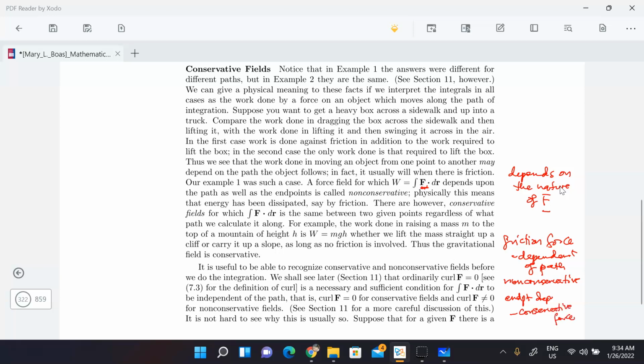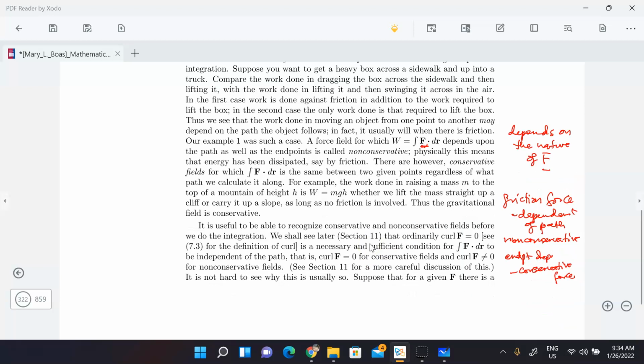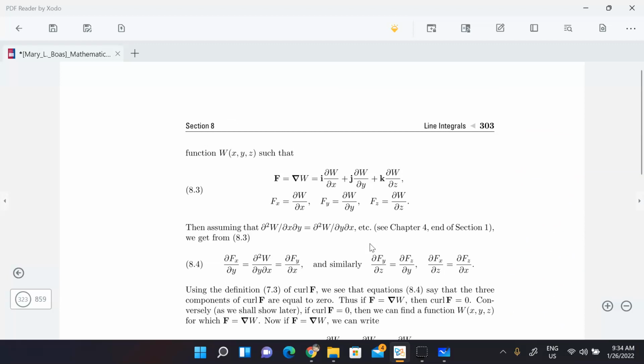Now, how can you actually see this? Usually when you have a conservative force, you are able to write down your force in terms of a potential, del W. In other words, your force vector is given in terms of the derivative of a particular function W here. So one can write in this particular manner if you want.